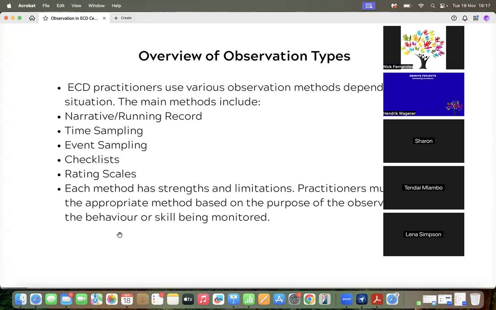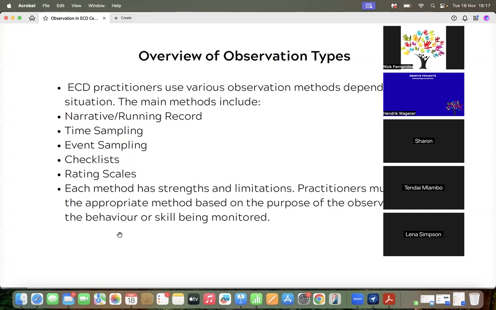Practitioners must choose the appropriate method based on the purpose of the observation and the behavior or skill being monitored. So that's why I said it depends on what you are looking at. If it's language or numeracy, your life skills section, or even social development as well. So it's all these different aspects with the observation. It's not only based on just looking at one thing.